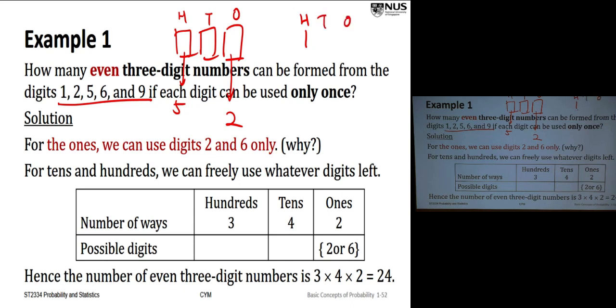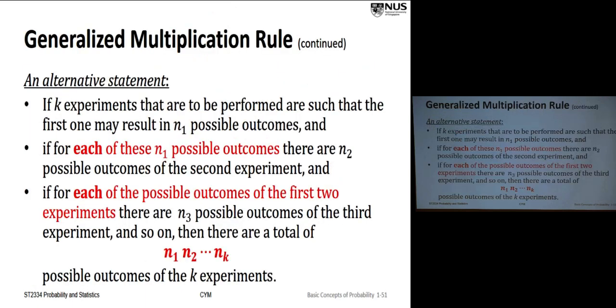But it depends on whether you have used the 2 and 6 in filling up these 2 places. Once you fill them, the choice that you can put in the ones place will be different.